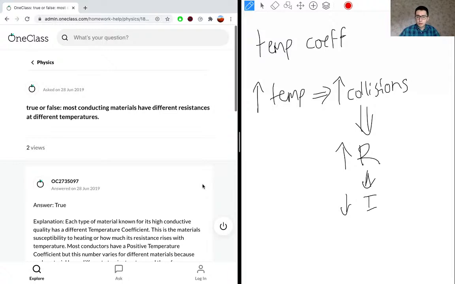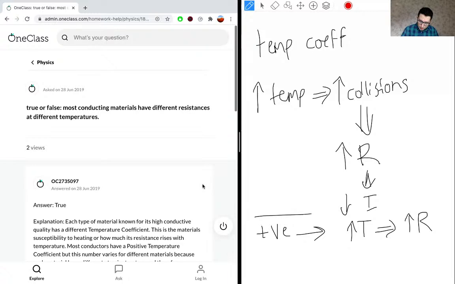All conductors have a temperature coefficient that relates how temperature affects the resistance of the material. If the temperature coefficient is positive, an increase in temperature means there will be an increase in resistance.